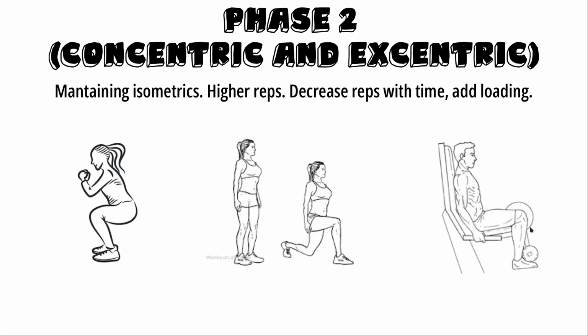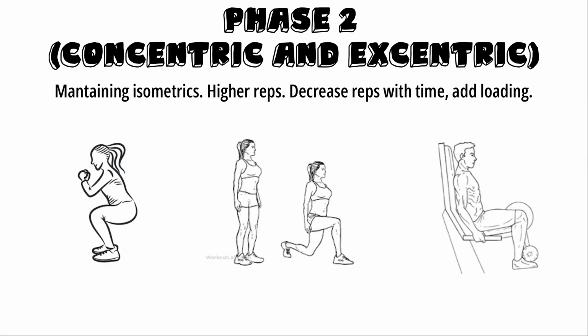We mostly start with lower loads and higher reps, like for example 15 repetitions of body weight squats. If for whatever reason 15 at the beginning is too much, we just do the bare minimum we can tolerate. And as we improve, we decrease reps and add more loading.